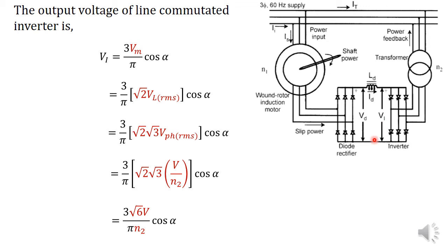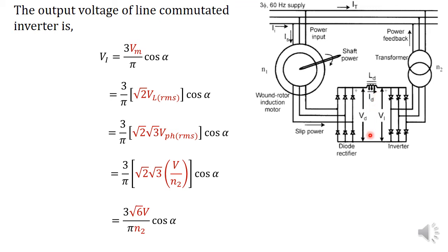Next we will apply Kirchhoff's voltage law in the DC link. For writing Kirchhoff's voltage law, we have to consider Vd, the drop across the inductor, and Vi. But here we can neglect the drop across the inductor, assuming that the inductor is an ideal one.